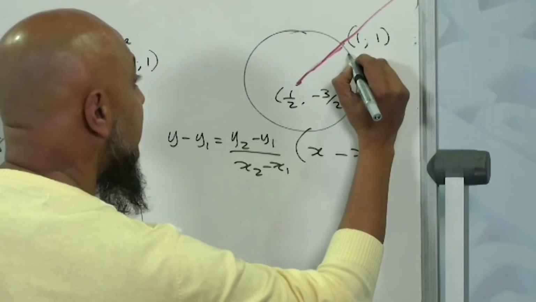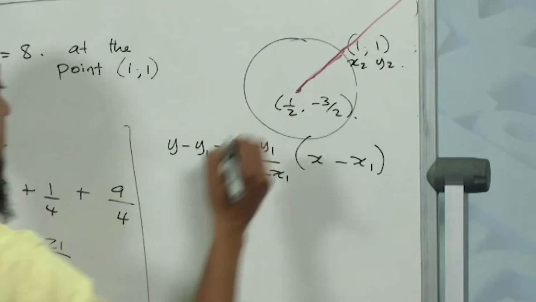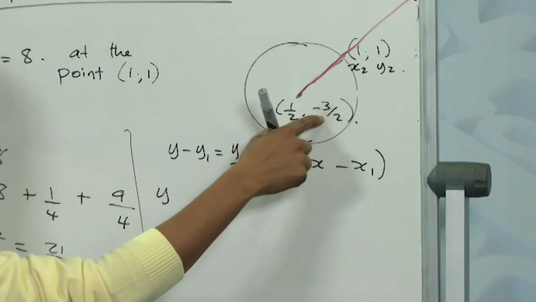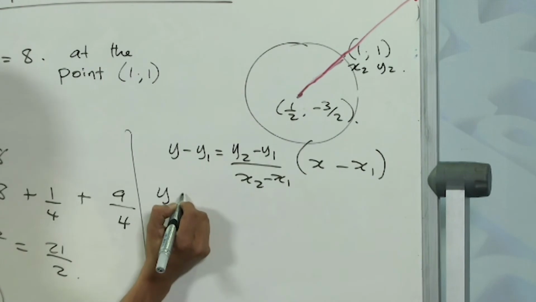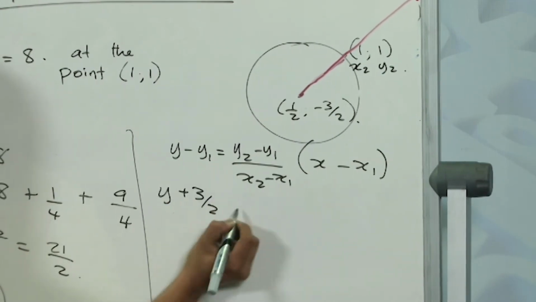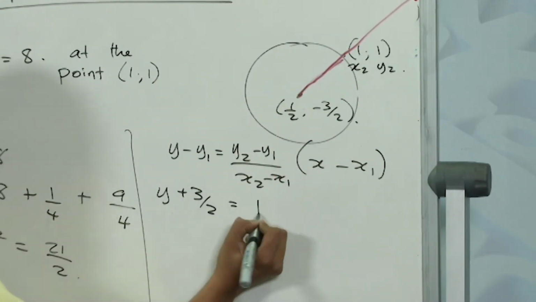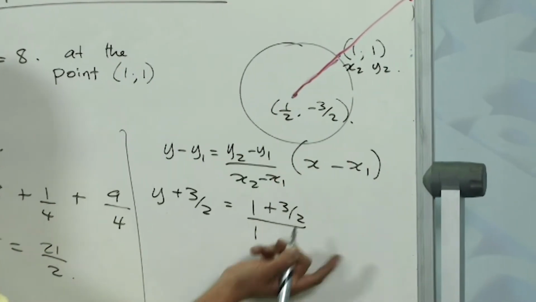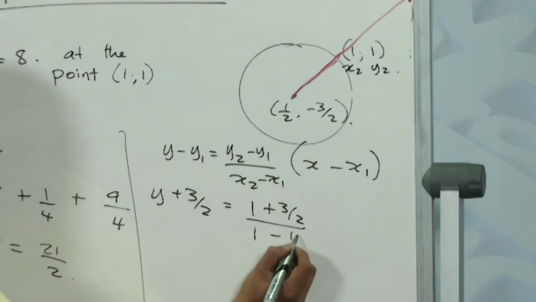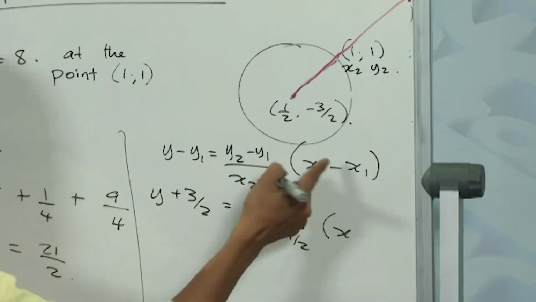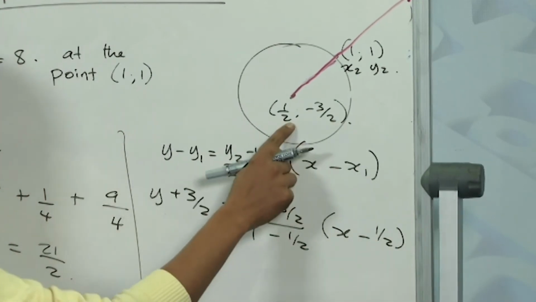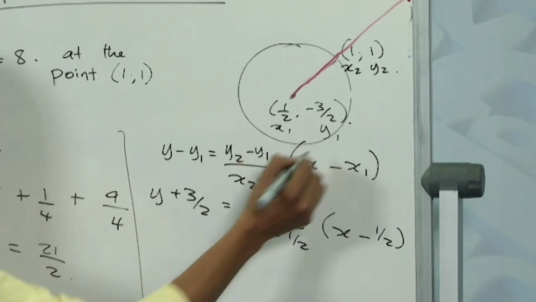Let's call this x2, y2. So we've got y minus y1, y minus minus 3 over 2. So it's y plus 3 over 2 is equal to y2 minus y1 over x2 minus x1 into x minus x1. Right? That's x1, y1.